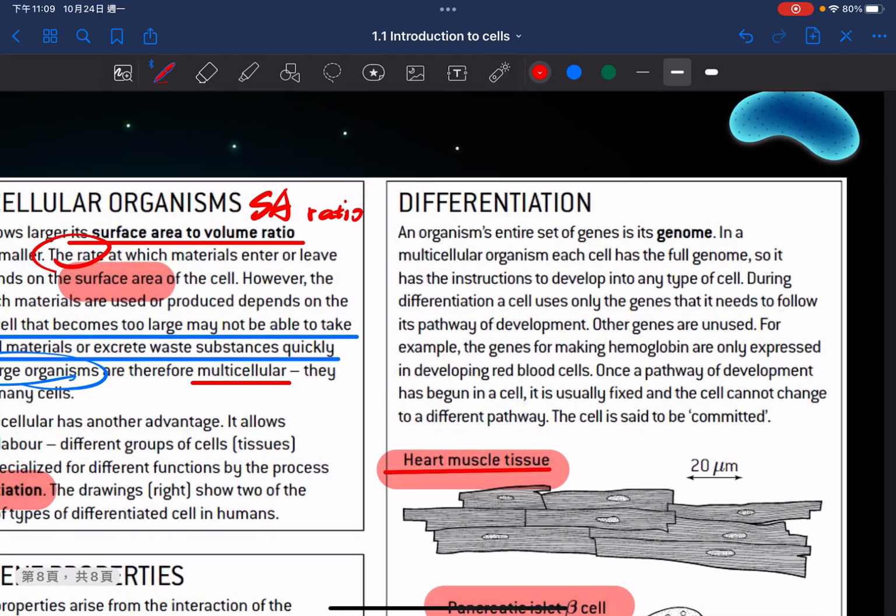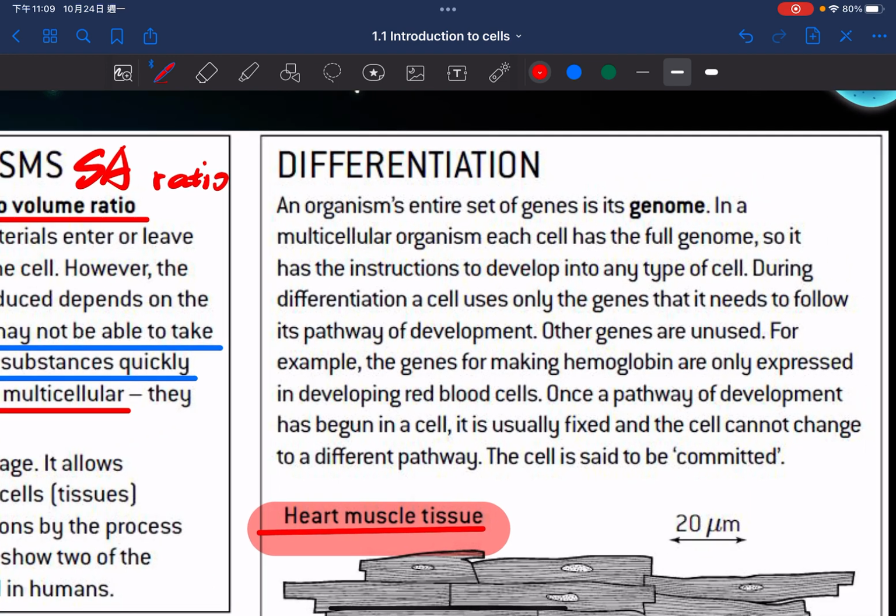So let's see what differentiation is. First thing I have to let you know, your genome is always the same, or maybe I can say always identical, in every single cell of yourself. Of course, mine is different from yours, but inside your body, we believe they all have the same genome.